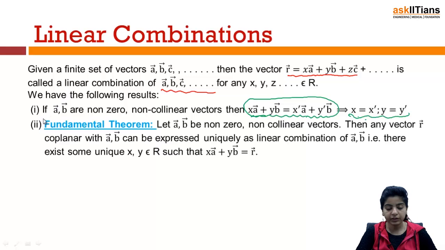Then we have the fundamental theorem which says let A and B be non-zero non-collinear vectors.